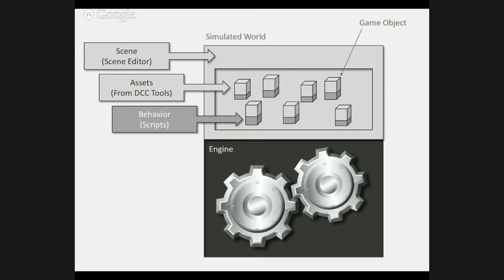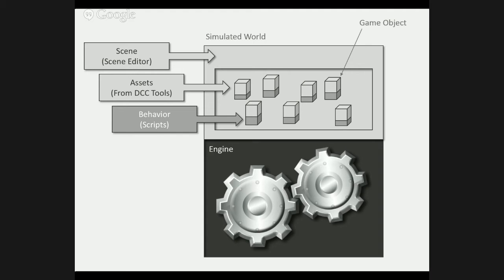These are termed assets or resources, and they explain what that object looks like in the world. What is the part of the object that you can actually see in the environment? That is the light part of the object.